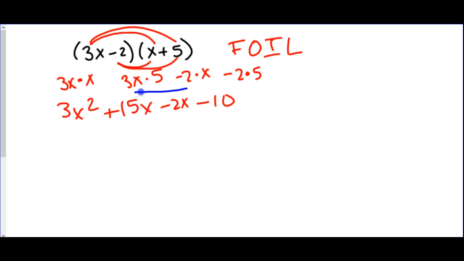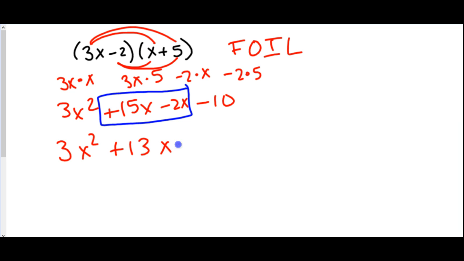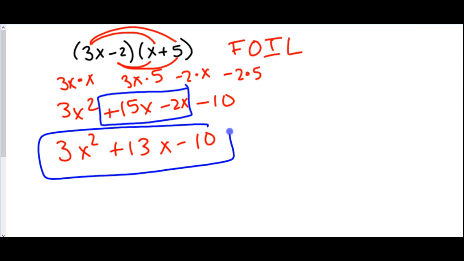So notice we have some like terms to combine. We need to do our 15x plus our negative 2x to get a 13x. Now this process of FOILing brought us to this final answer of 3x squared plus 13x minus 10.